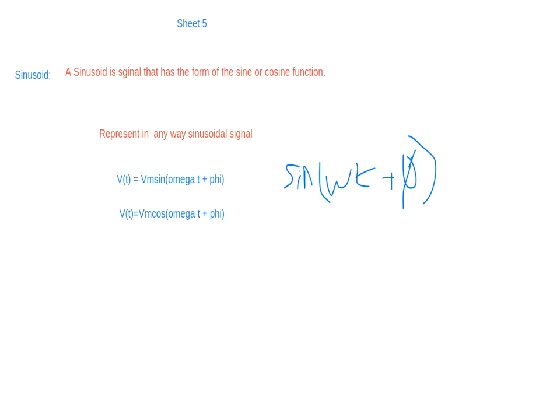Now, what is Vm in this? Vm is nothing but this Vm here. Let me use this red color. This Vm is nothing but the maximum voltage, and you can find out the average voltage with the help of Vm.